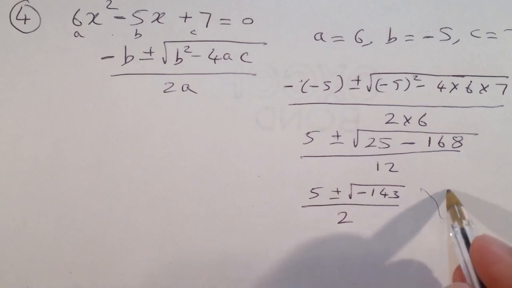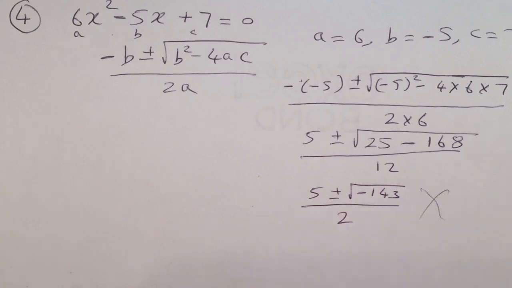So there, you won't get the answer for that. It proves that there are no solutions. Sometimes you will get a question and they want you to prove why there are no solutions. So this is how you put in the formula. When you get the negative root, say that it is a complex number. Negative root is a complex number and there are no real solutions for that. So this is how you can prove that.